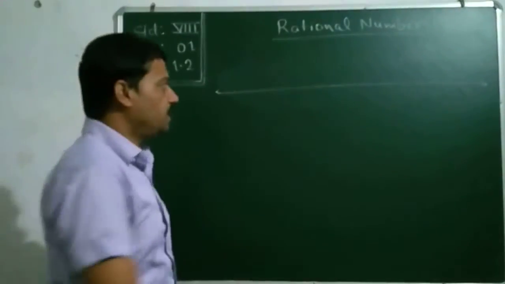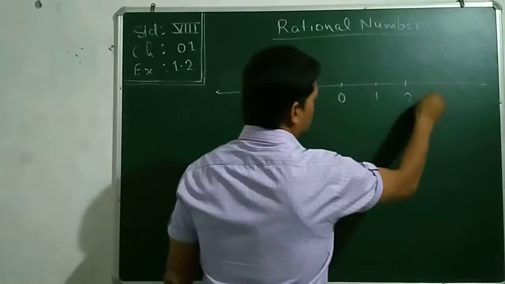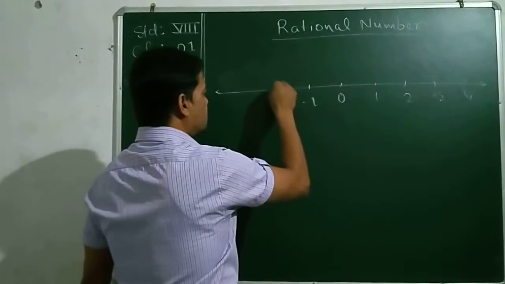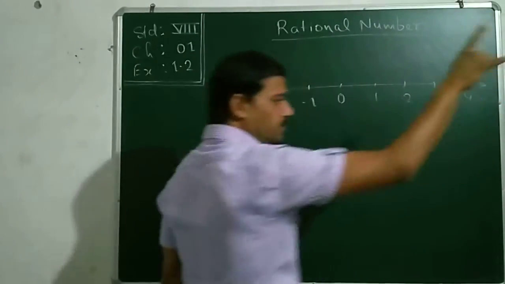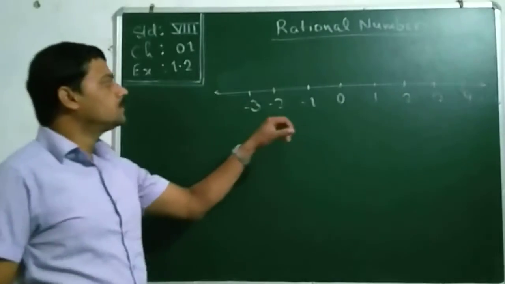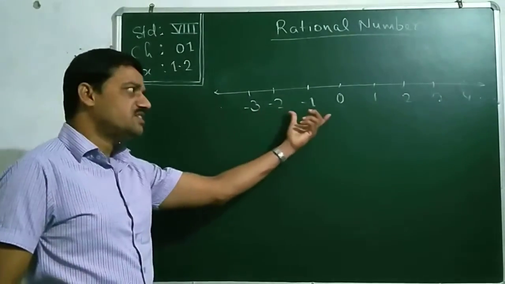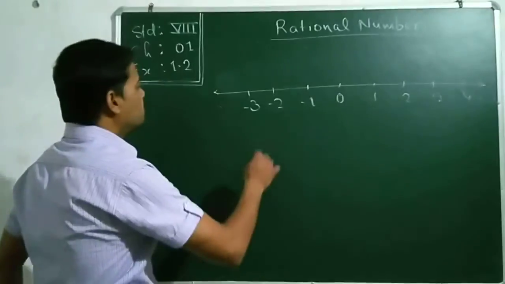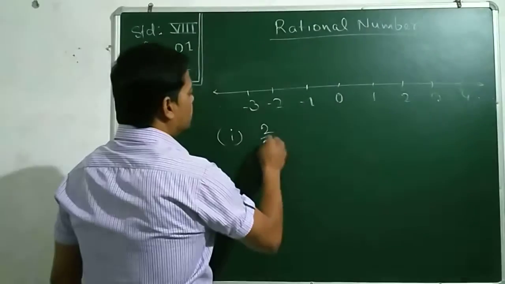Consider this is the number line and 0 is lying here, then 1, 2, 3, 4, these are all integers, and so on in both the directions it will be increasing. Now these integers are very clearly marked here, but if you need to find out the fractional part or the rational numbers, like, to represent the first number, I am taking for example 2 by 3.